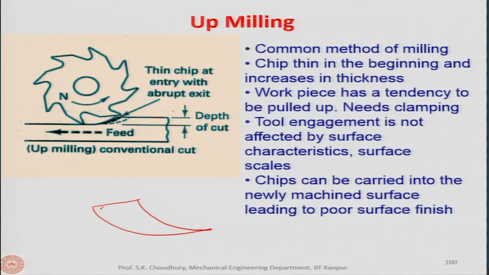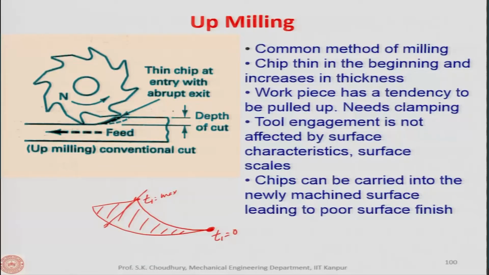When the tooth grabs the workpiece, t1 is equal to 0, and then t1 can be maximum. We will come to this again in the case of grinding, because in the grinding process also t1 goes from 0 to maximum, like in milling.